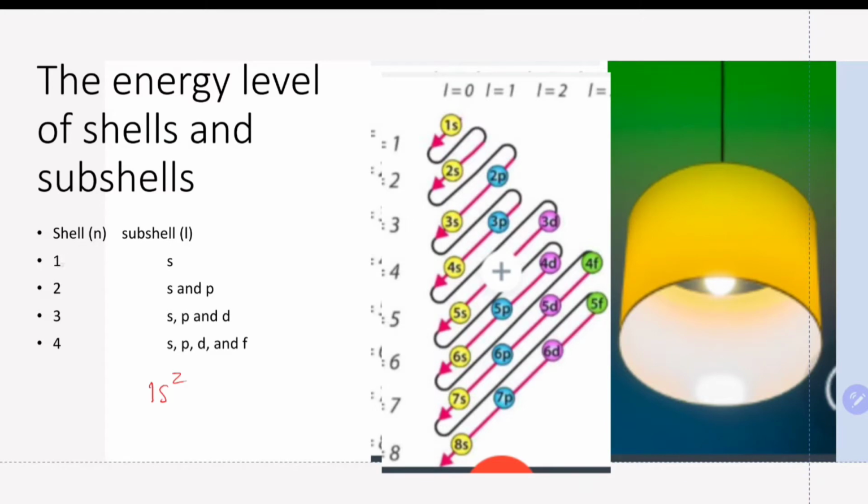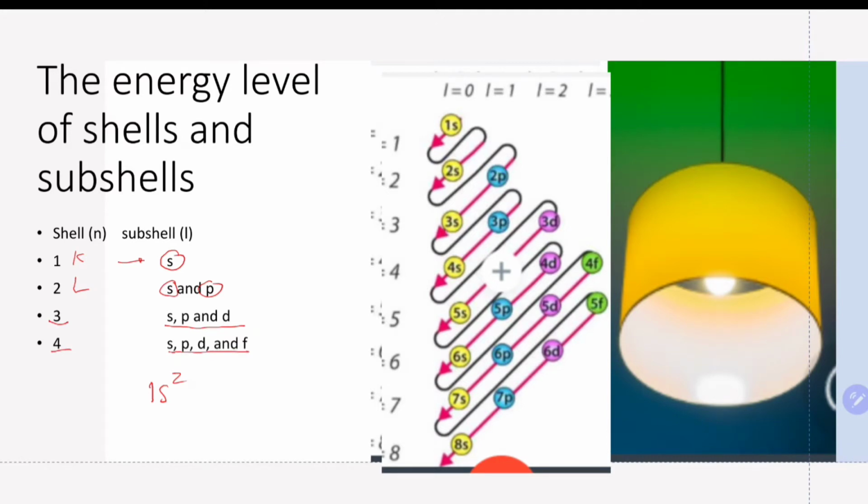The first shell, or shell K, has only one subshell, s. For shell 2, the second shell or shell L, the subshells are s and p. For the third shell, s, p, and d, and the fourth, s, p, d, and f.